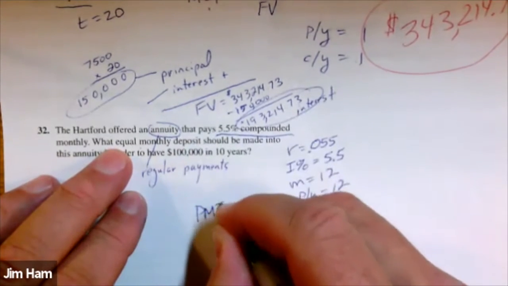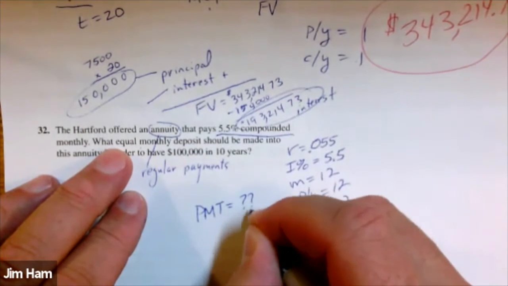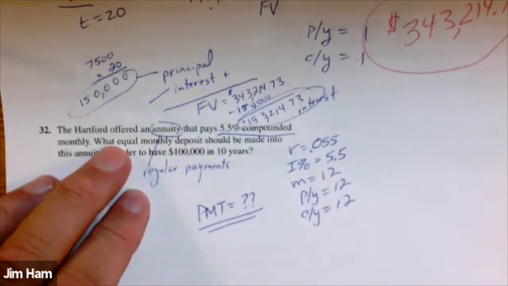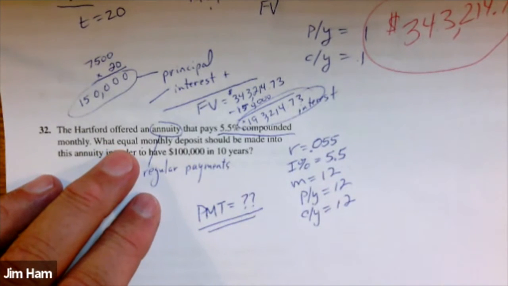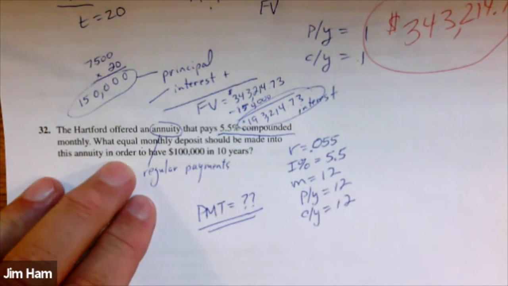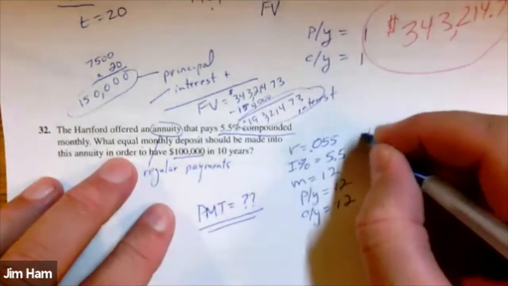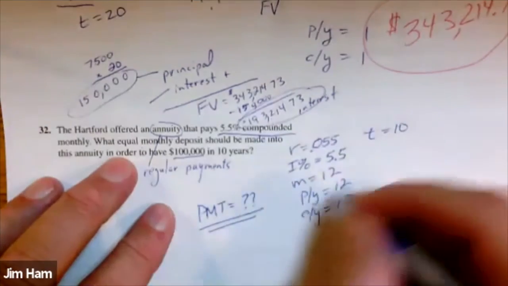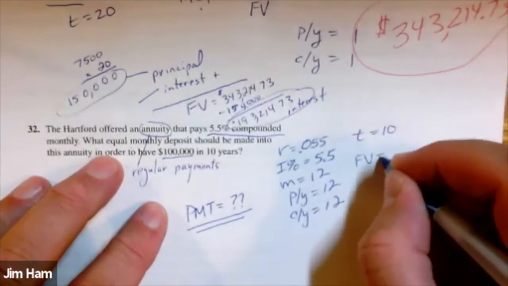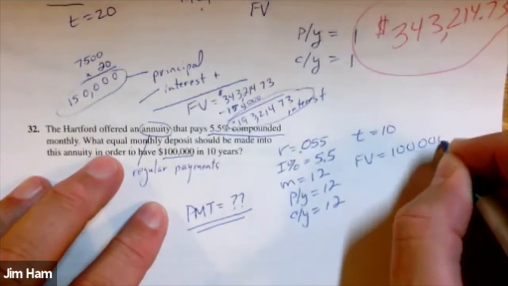So in this case, we're looking for the payment. It's a deposit or an investment, but the way we enter it into the TVM solver is like a payment. It should be made into this annuity in order to have $100,000 in 10 years. So T is equal to 10, and the future value is equal to 100,000.